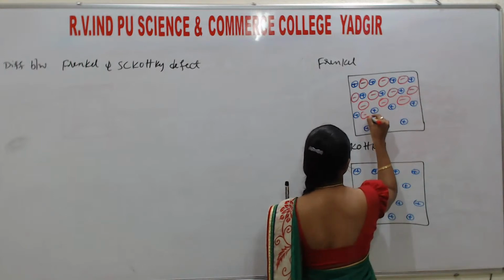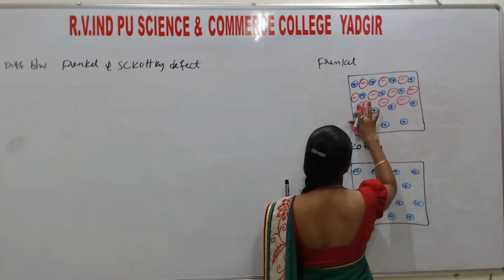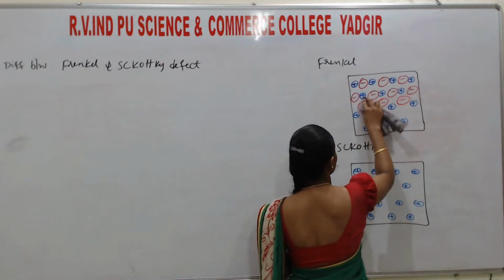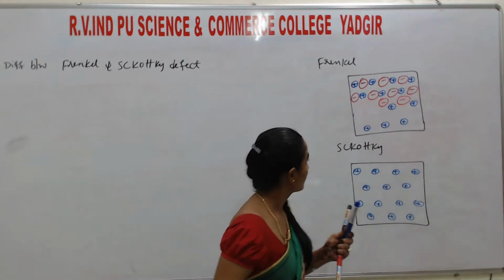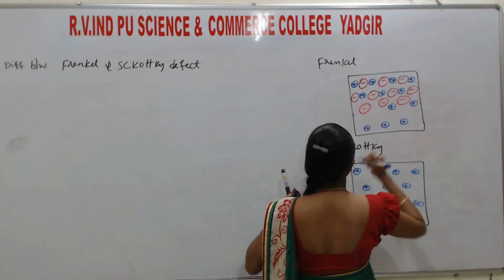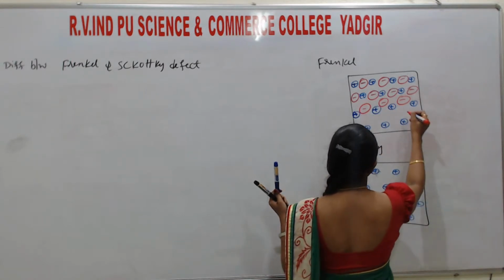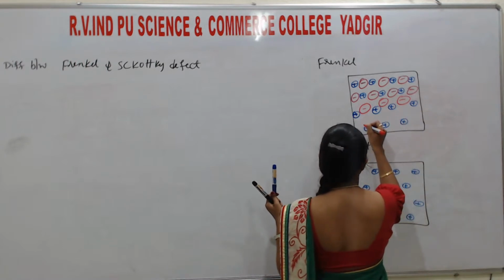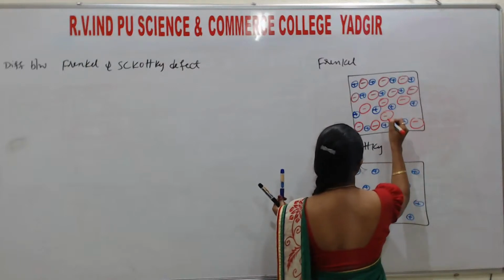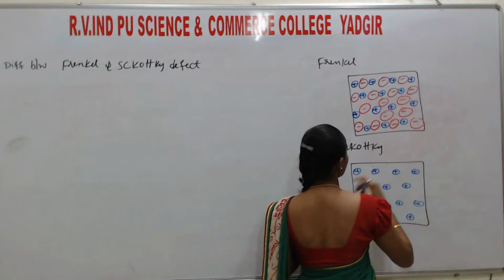You know that. Correct? So this is an equal number of cations and anions.